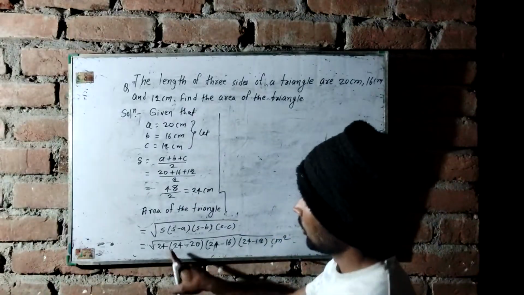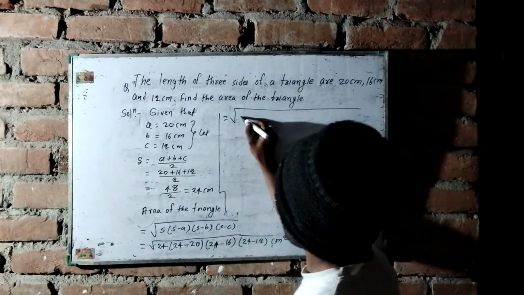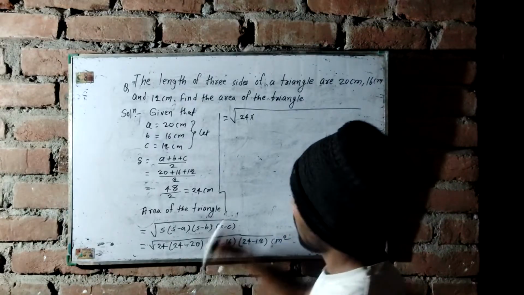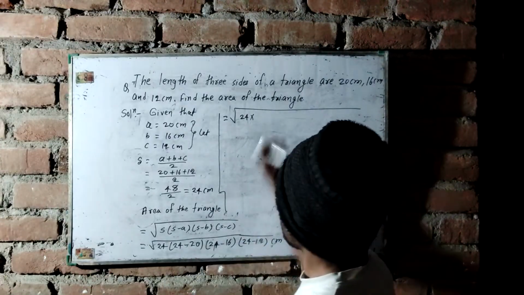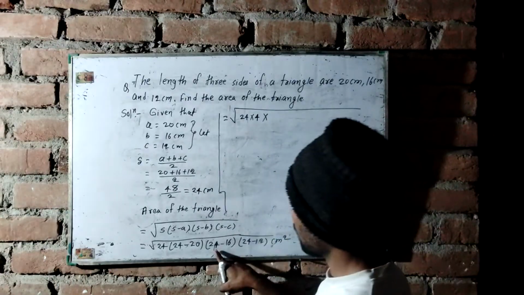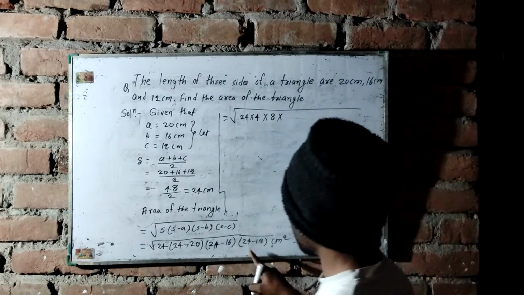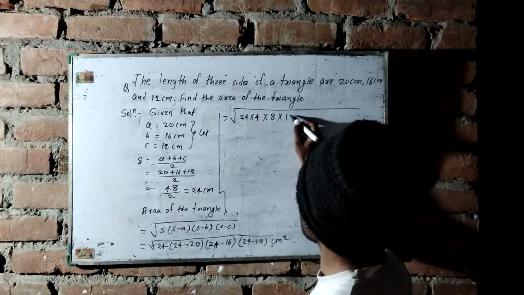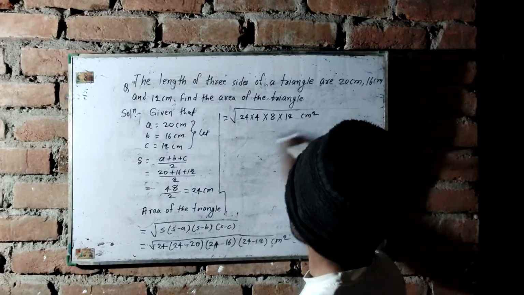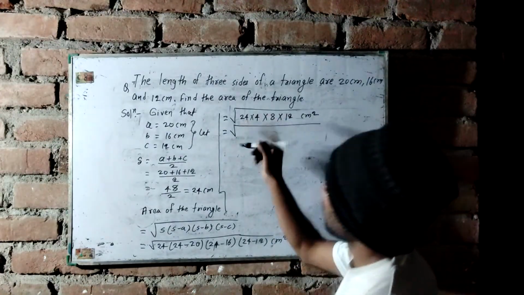Now you can write 24 as it is, and here 24 minus 20 you will get 4, and 24 minus 16 you will get 8, and 24 minus 12 you will get 12, centimeter square. Now we have to factorize all these numbers.